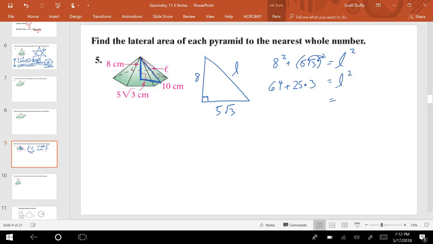Now let's simplify the left side. 25 times 3 is 75, plus 64 is 139. That is equal to the slant height squared. To find the slant height, you take the square root of 139, and I'm going to leave it just like that instead of getting a decimal.